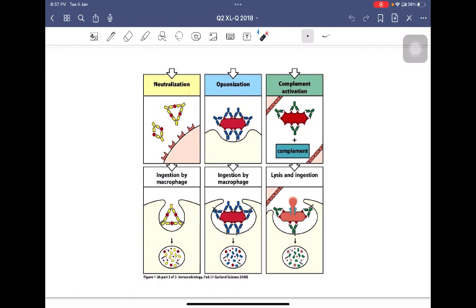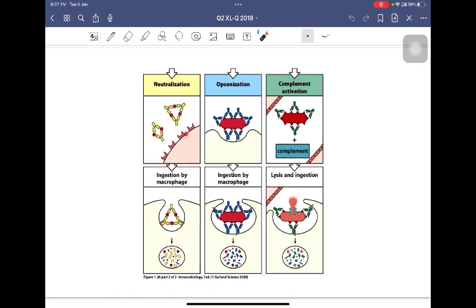The second effector function of the antibodies is opsonization. Opsonization means that the antibodies coat the surface of the pathogen in such a way that they enhance the process of phagocytosis.